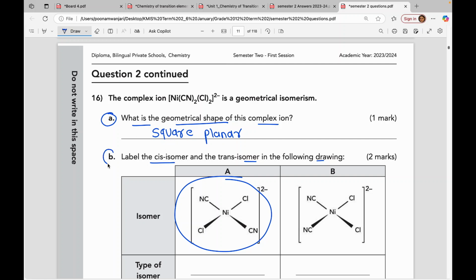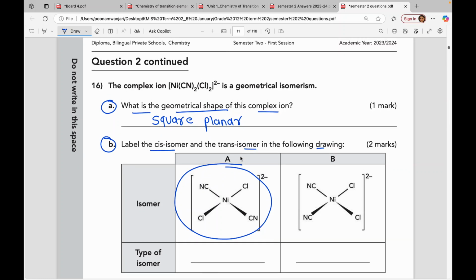Now question number B. Label the cis isomer and trans isomer in the following drawing. So students, to label cis and trans isomers, you should know the meaning of cis isomer and the meaning of trans isomer. Cis means same, and trans means the same groups are on opposite sides.